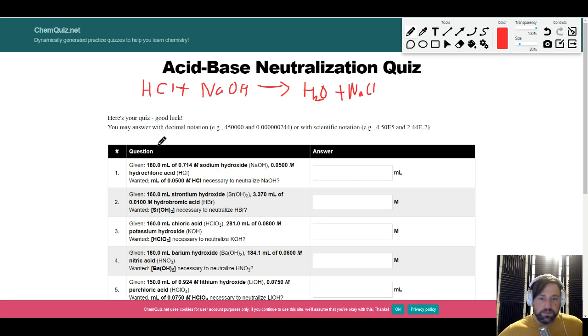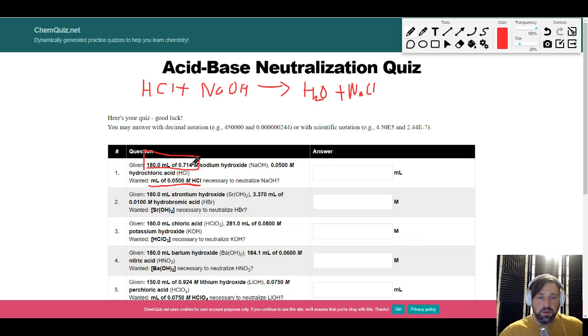Now, you need to go through and figure out what we are wanting to find. We need to find the milliliters of 0.05 molar hydrochloric acid necessary to neutralize this. So what we need to do is use this to convert to moles. That's going to be pretty easy.